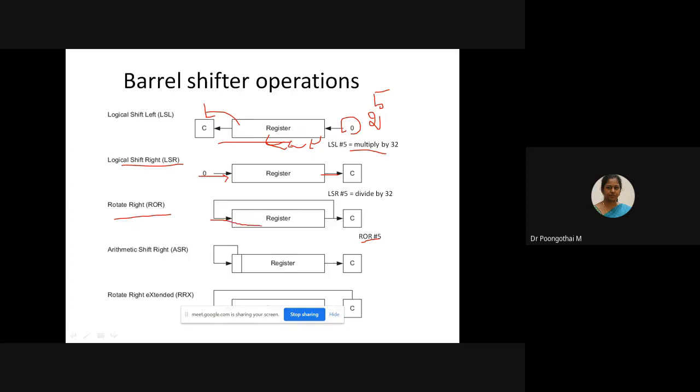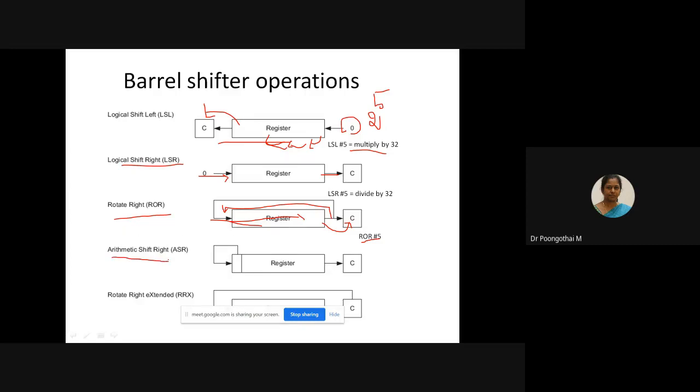Bit rotation does not discard any bits from the register. Instead, bits are removed from one end of the register and inserted into the other end, and D0 is placed in carry.